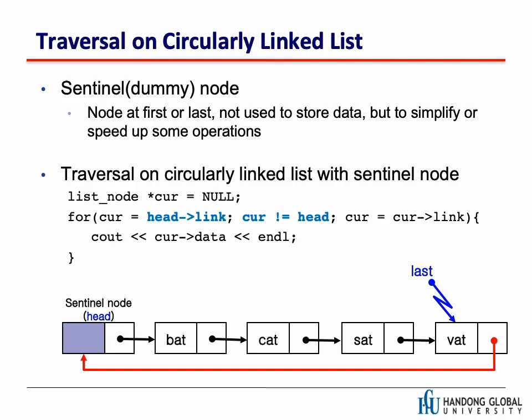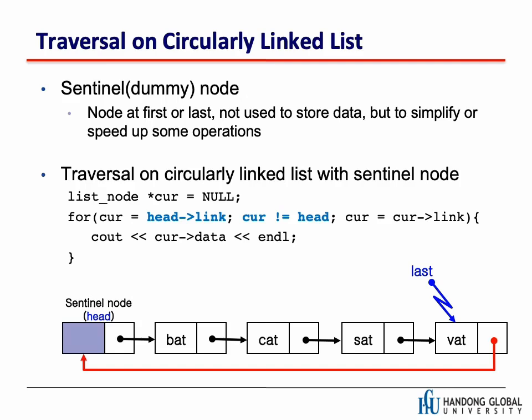The sentinel node is a node at first or last, which is not used to store data, but to simplify or speed up some operations. In this graph at the bottom of the slide, we have a sentinel node. The empty node is the head node. The head node is pointing to the first node, which is bat, and the last is pointing to vet. The last node is pointing to the sentinel node instead of bat.